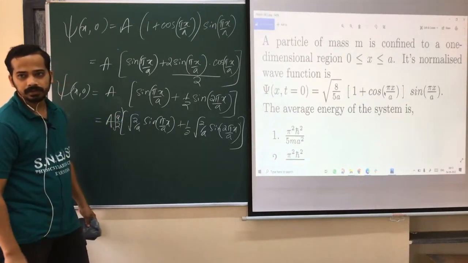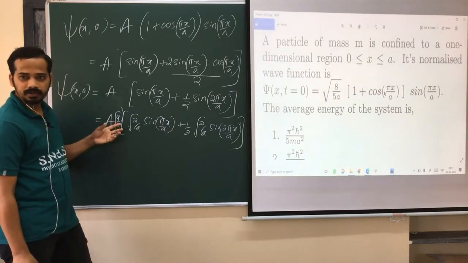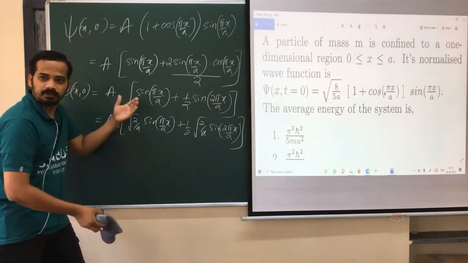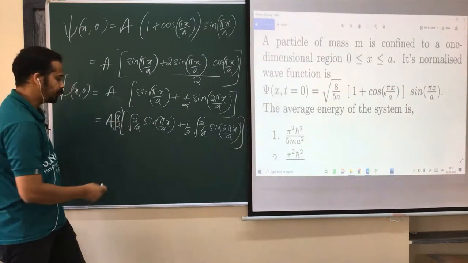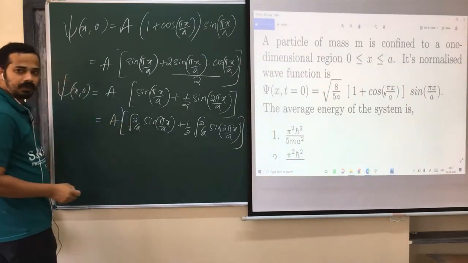Find a dash by normalization. Don't keep this one, because it is not so good while doing that algebra.